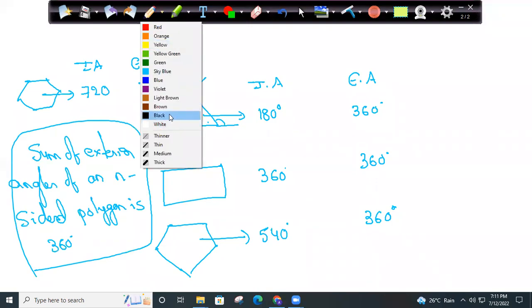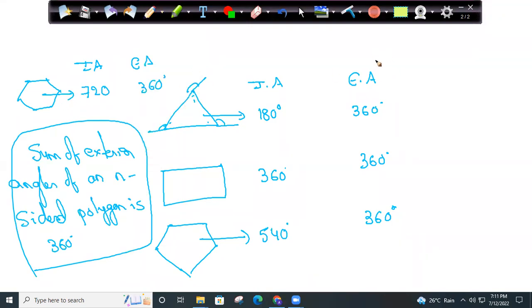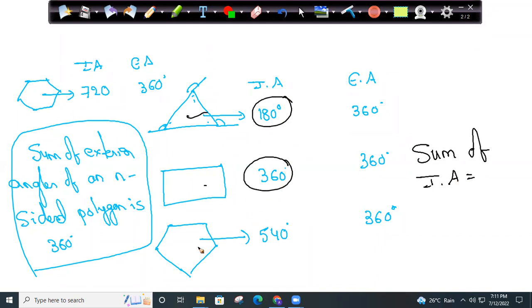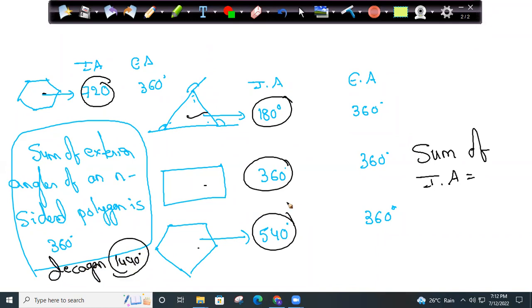Very good. Now, what is the sum of interior angles? The sum of interior angles of a triangle is 180, quadrilateral is 360, pentagon is 540, hexagon is 720. For a decagon, a 10-sided figure, it would be 1440. I did not memorize it, I am calculating in my mind.